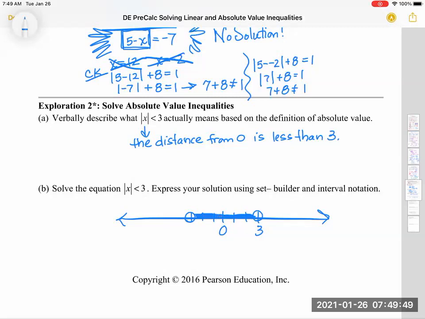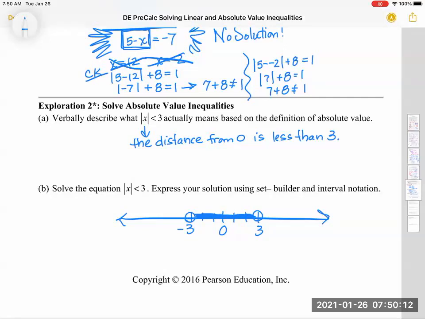We could be -0.5 units away. And so all those numbers in between -3 and +3 are possible solutions for being less than 3 units away in distance from 0. So that ends up being your solution, okay?